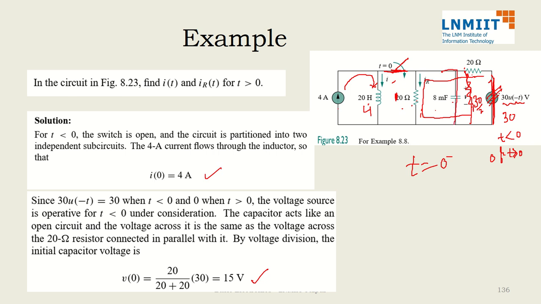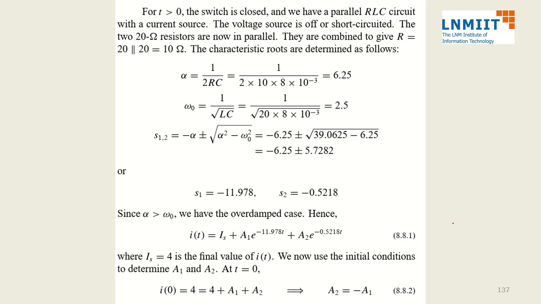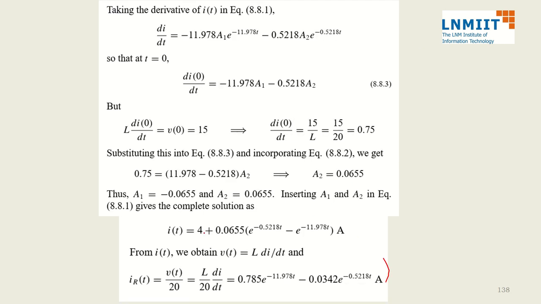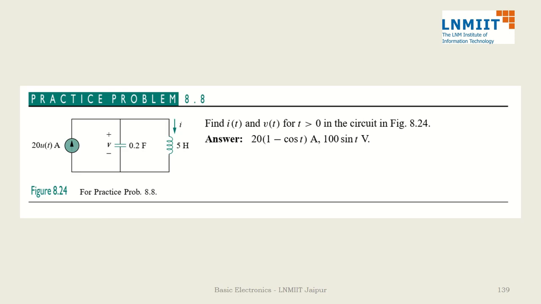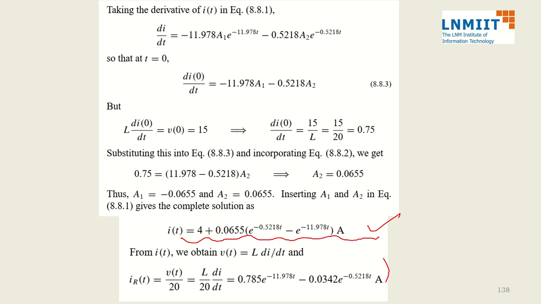So effectively this is my circuit, which is a parallel RLC circuit with R equal to 10, L equal to 20 and C equal to 8 milli. Use these values to calculate alpha, omega, S1, S2, A1, A2. Alpha is greater than omega, S1, S2 distinct, get A1, A2 values and you get your final expression. So this is the process which we use for step response of RLC series or parallel circuits.